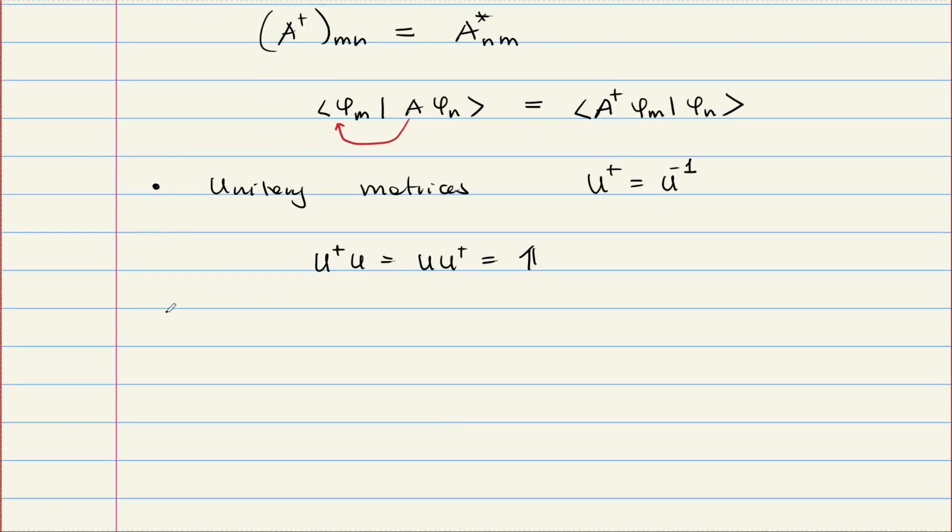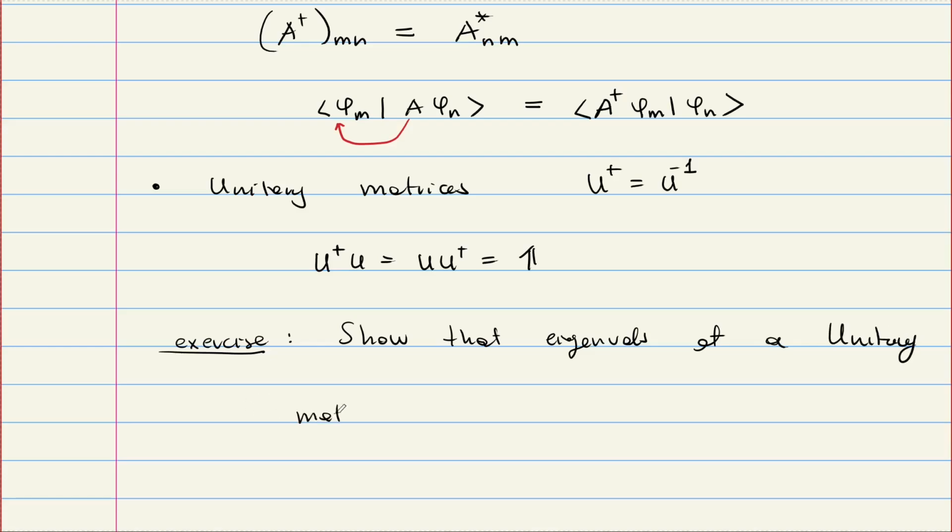Maybe I can give you an exercise and take a break. So, exercise: show that the eigenvalues of a unitary matrix have unit norm, like the absolute value of lambda is equal to 1.